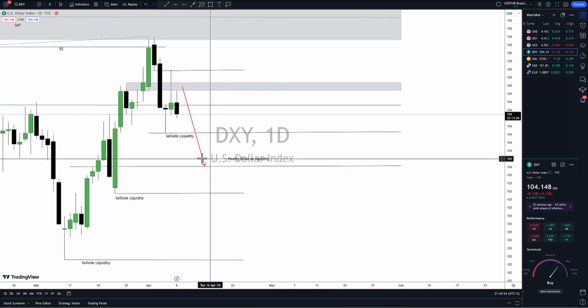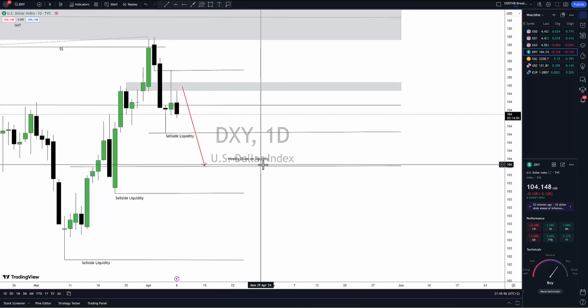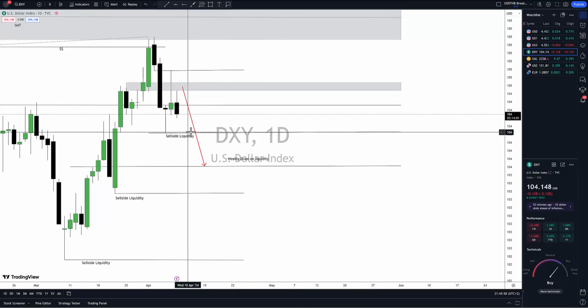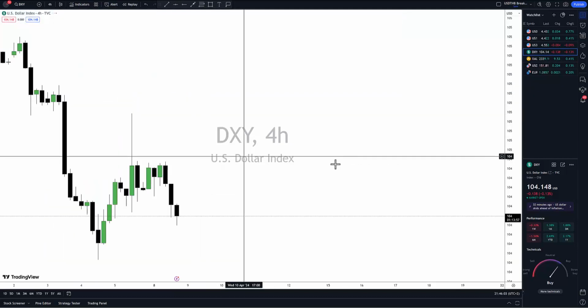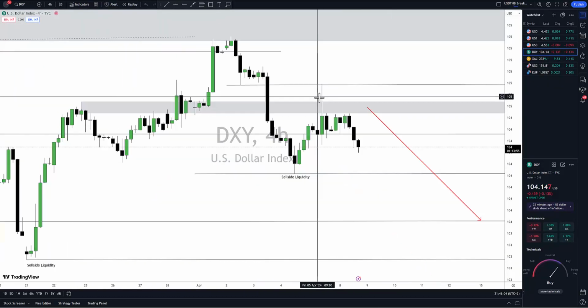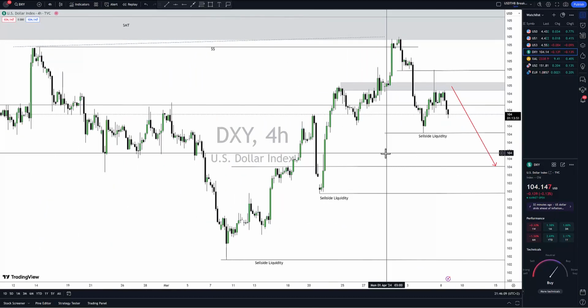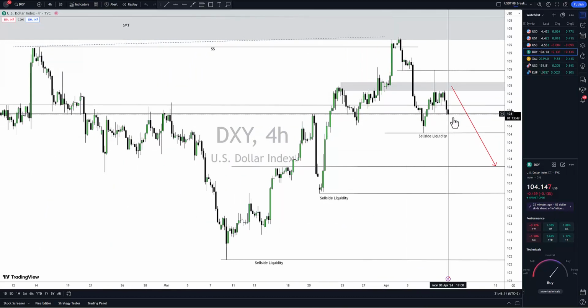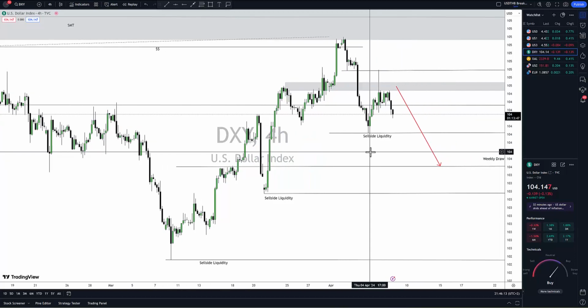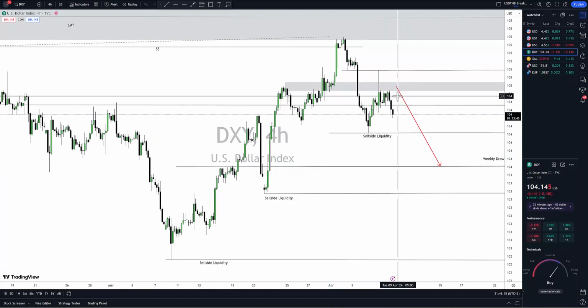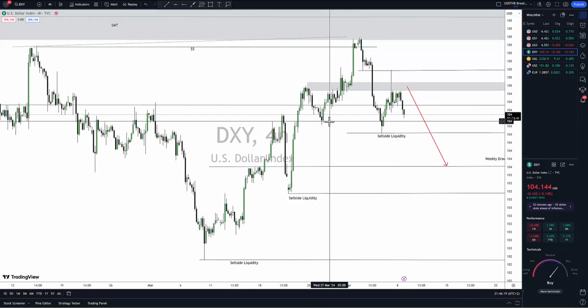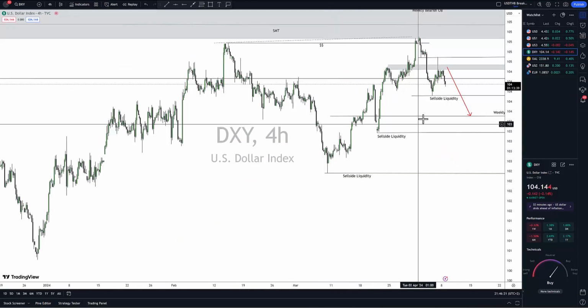So when we go to the dollar daily time frame, I'm expecting lower prices. If I go to 4 hours, on H4 you're looking for market maker sell model. You can see our price has already dropped since I did that analysis that I sent to you guys.